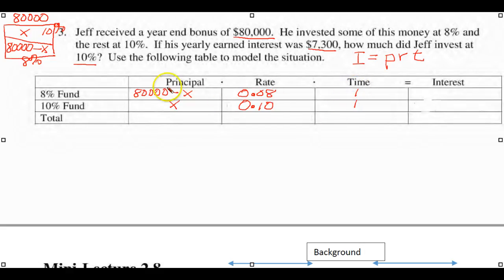So how much interest would you get from this investment? Well, it would be this times this. And for this, the interest would be this times this. So it's going to be this. Let me write it out here. And you can write this out too.